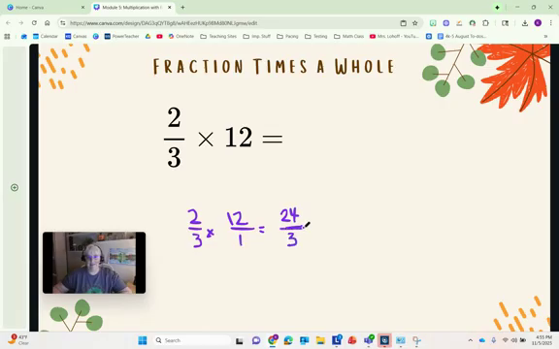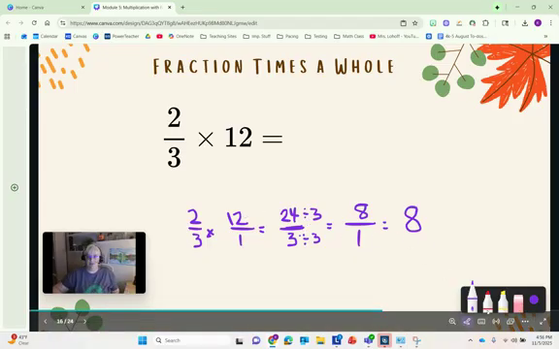Well, we can divide the top and the bottom by 3 to reduce this fraction. That's actually what a fraction means. Remember, a fraction means 24 divided by 3. So we're going to go ahead and do that. Divide the top and the bottom by 3. 24 divided by 3 is 8. 3 divided by 3 is 1. 8 over 1 is 8. Same answer, just some extra steps to get there.